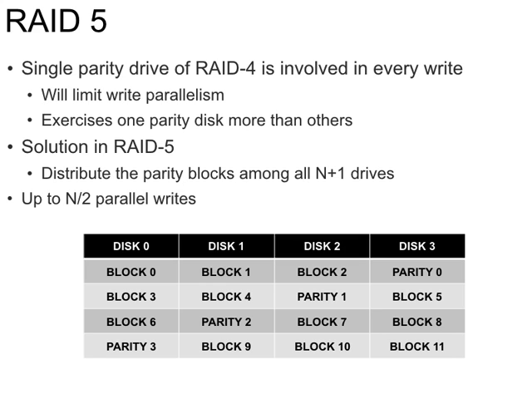And to write to block 4, you would update disk 1 and disk 2. As a result, you can have up to n by 2 parallel write I/O operations going on simultaneously. So you can have a maximum parallelism of n reads and n by 2 writes at any time.